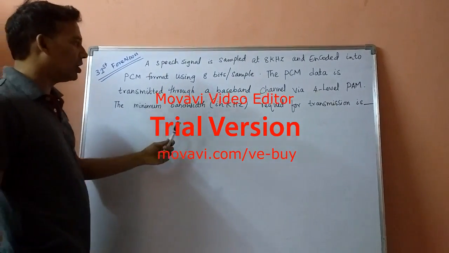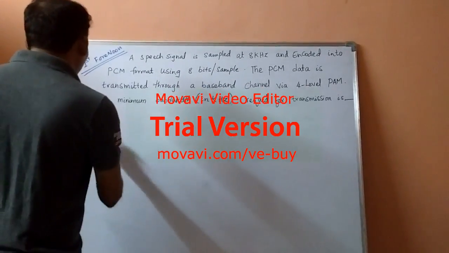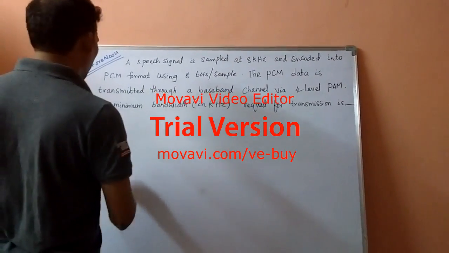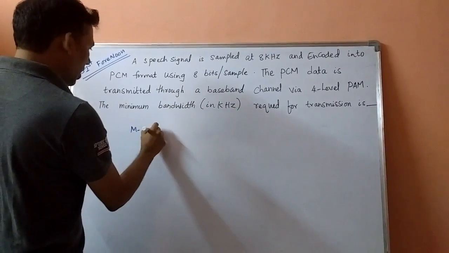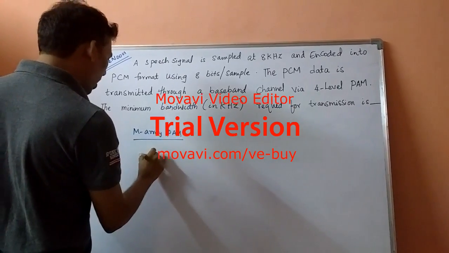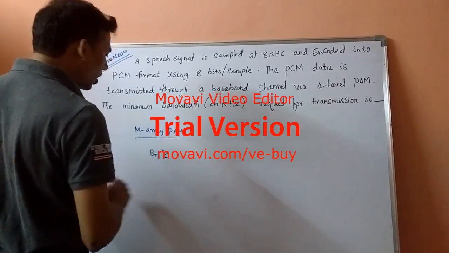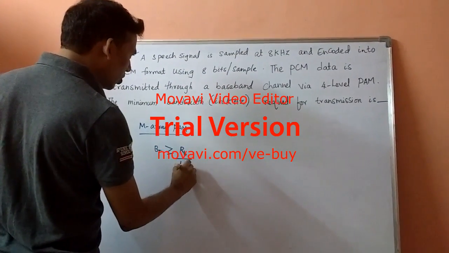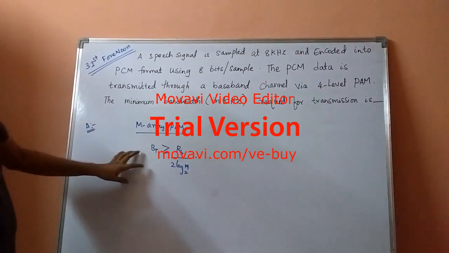The minimum bandwidth in kHz required for transmission is: the transmission bandwidth required for M-ary PAM is greater than or equal to RB by 2 into log m base 2.